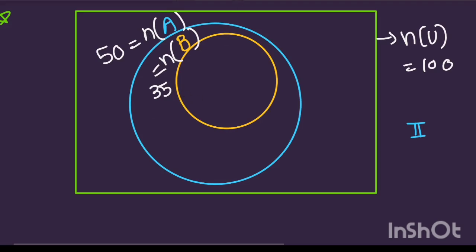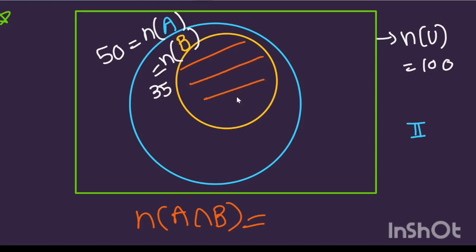Since one is inside the other, what about the intersection of A and B? If I ask you Na intersection B is what? In this case, this entire area would be the intersection, which is 35 only. So this is the maximum value of Na intersection B, which is 35 in this case.